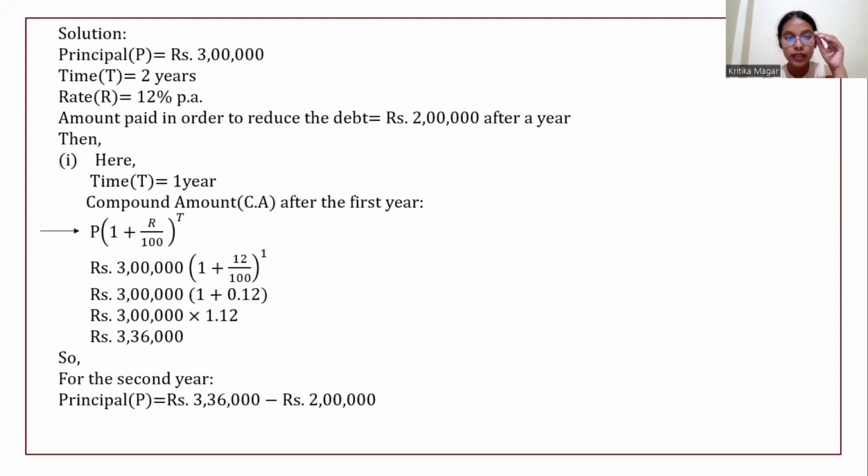So we have to subtract the amount she paid from the compound amount. So 3 lakh 36,000 minus rupees 2 lakh is rupees 1 lakh 36,000, which is the principal for the second year. And the time for the second year will be 1 year.